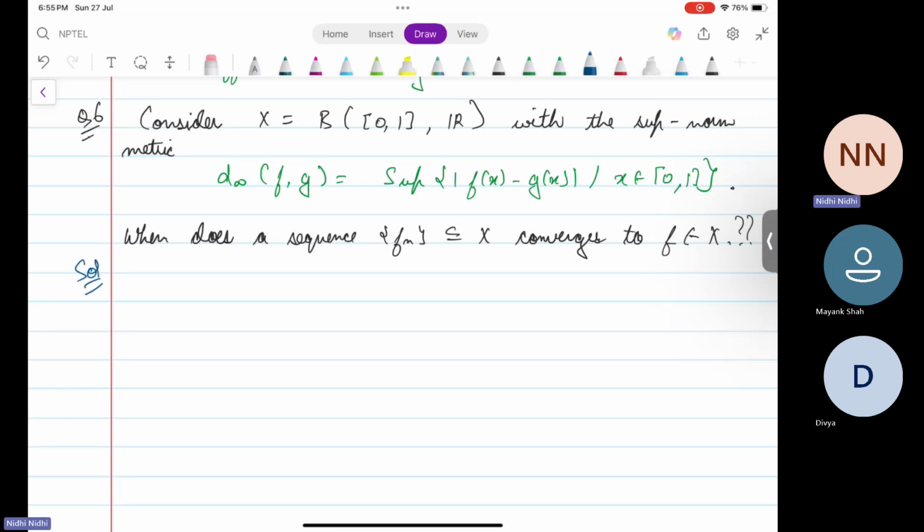So again, we'll start by assuming that we have a convergent sequence and then look for its corresponding definition.